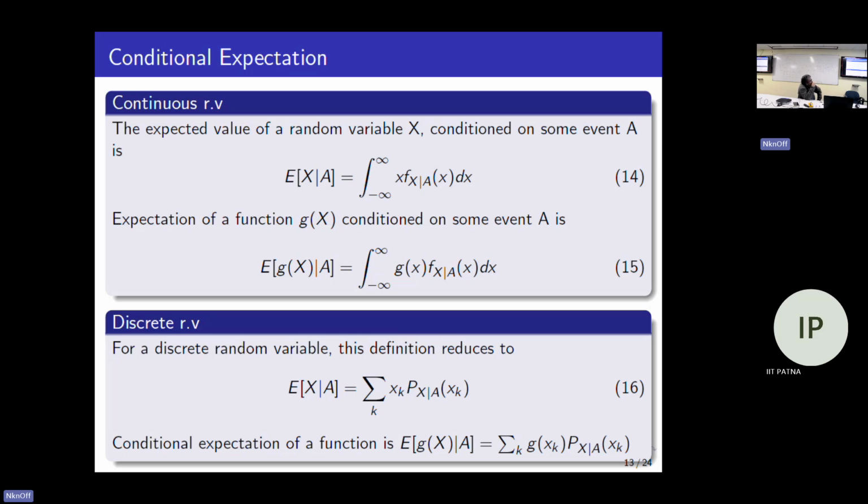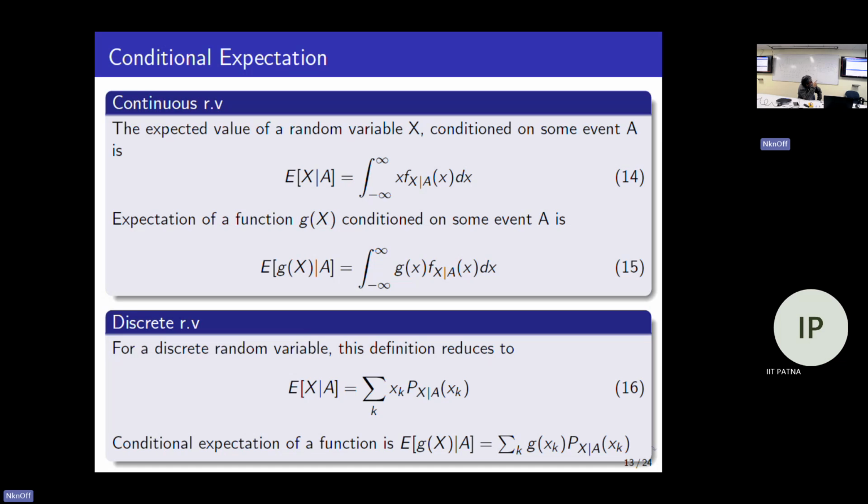Very simple. And for an arbitrary function g(x), the conditional expectation E of g(x) given A will be equal to integral from minus infinity to plus infinity of g(x) f of x given A, dx. Okay, that's all. For a discrete random variable, we need the conditional PMF, P of x given A at the point small x.